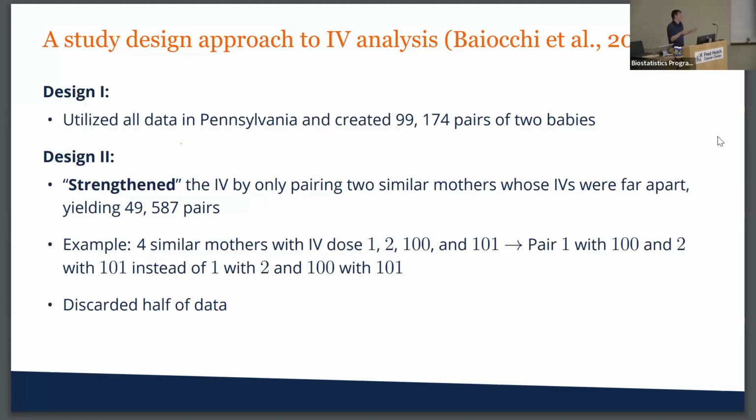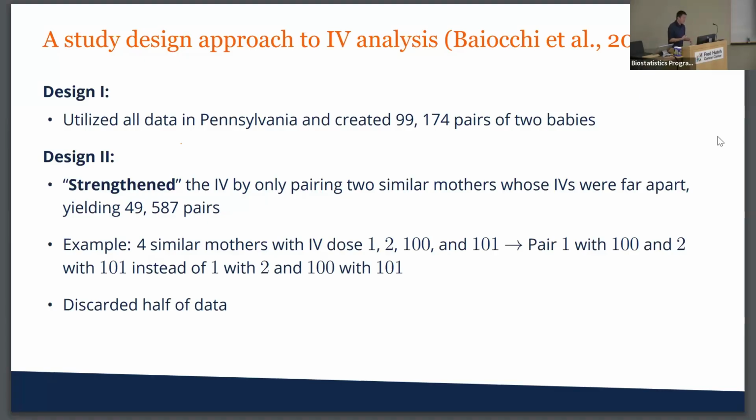So here's the intuition. Let's say you have four mothers that look exactly the same. They have different IV doses, 1, 2, 100, 101. Because it's a continuous IV, you have different ways to pair them. I would argue that it's better to pair, for instance, 1 with 100 and 2 with 101, instead of pairing 1 with 2 and 100 with 101.